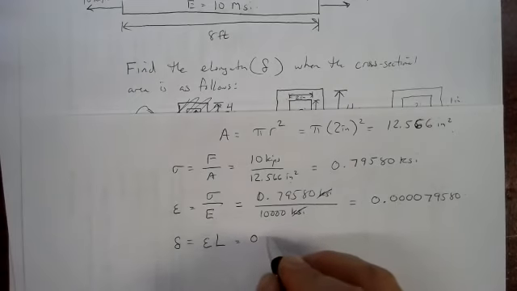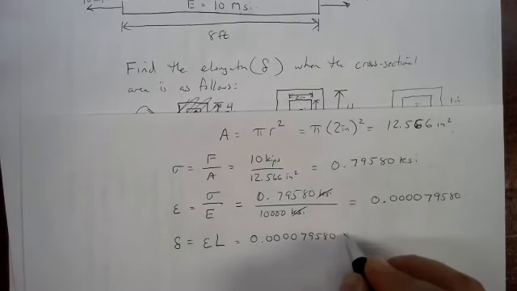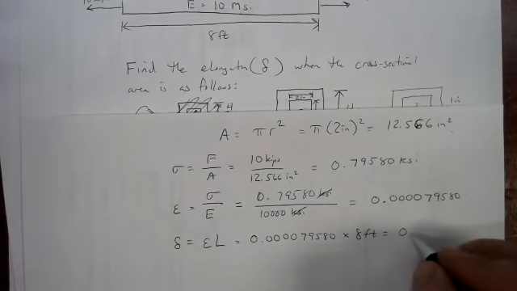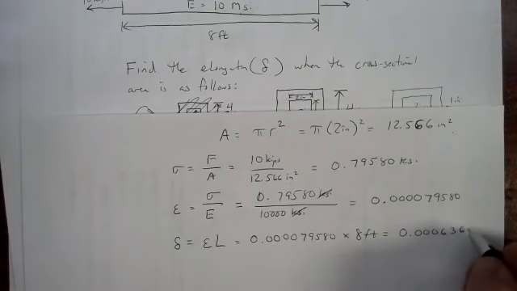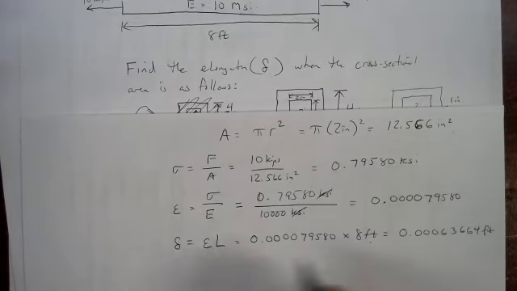So we've got 0.000079580 times 8 feet. And that gives us 0.0006364 feet. Whatever units you multiply by here with your length, that'll be the units on your elongation too.